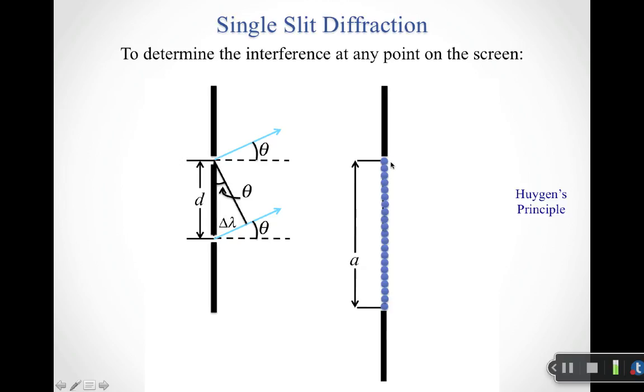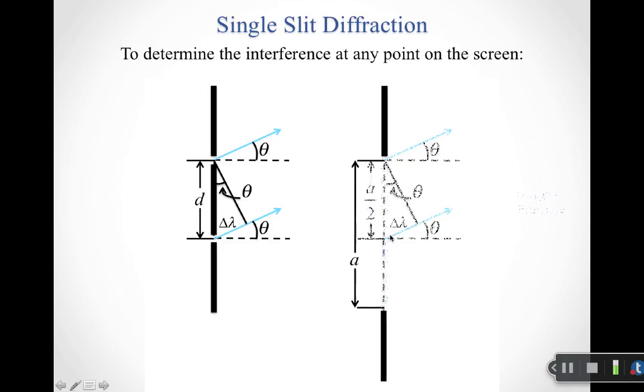And so what we're going to care about is how, say, waves generated by points up here interact with waves generated by points down here. It works out that what we're interested in is what's going on halfway down the slit.